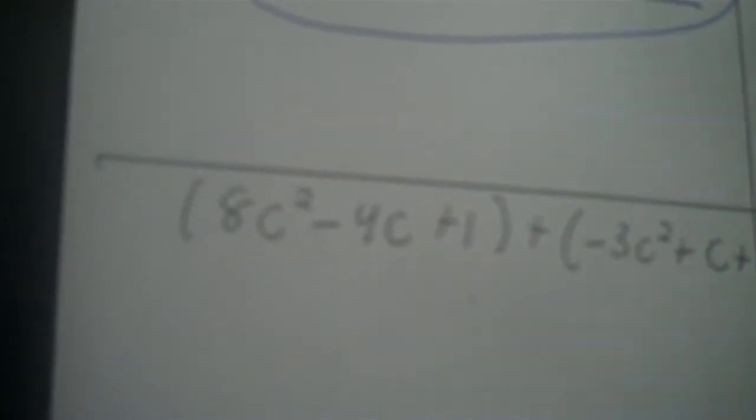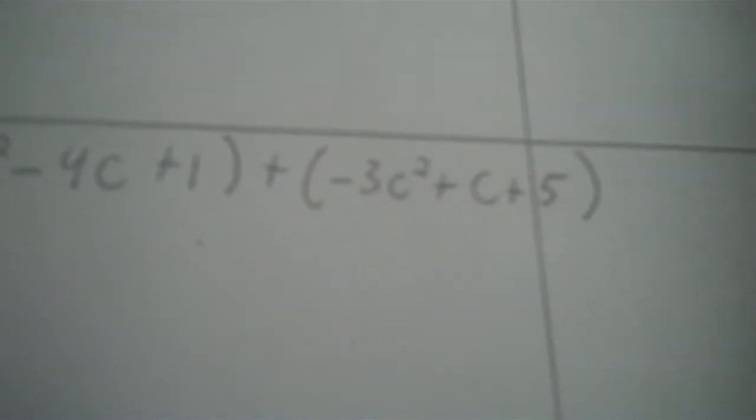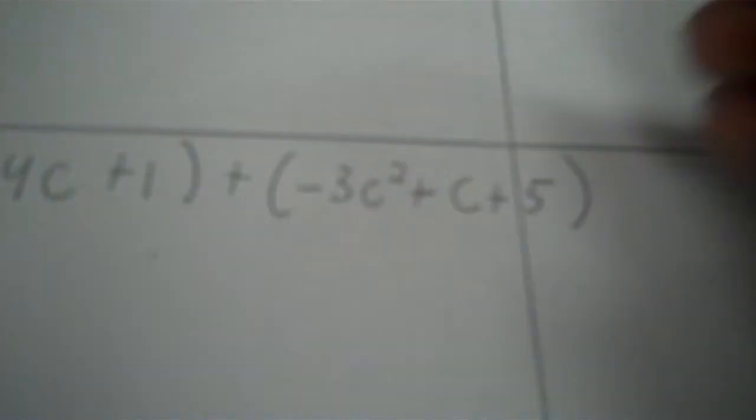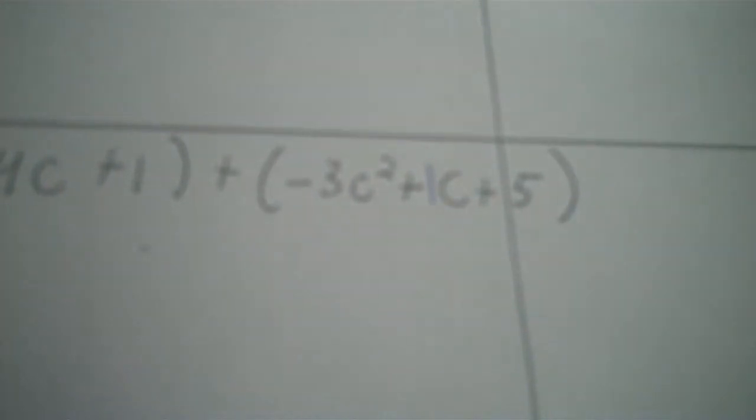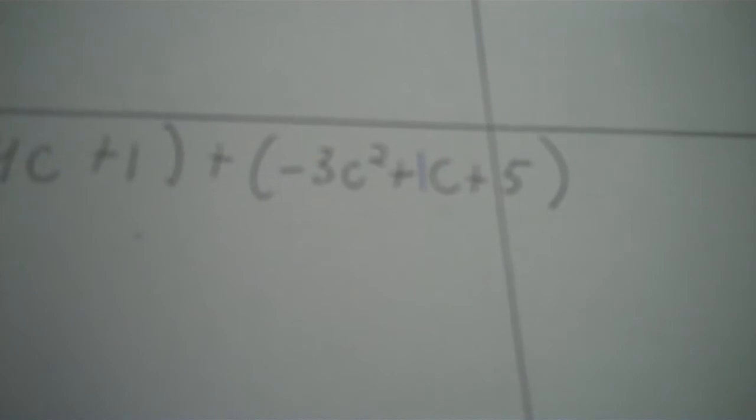Okay, now sometimes they're not x's, they're other variables. These are c's. So we have 8 multiplied by c to the second, minus 4 multiplied by c, plus 1 multiplied by nothing. That's why it's called a constant. Then we have negative 3 multiplied by c to the second, plus a 1 multiplied by c, plus 5 multiplied by nothing.